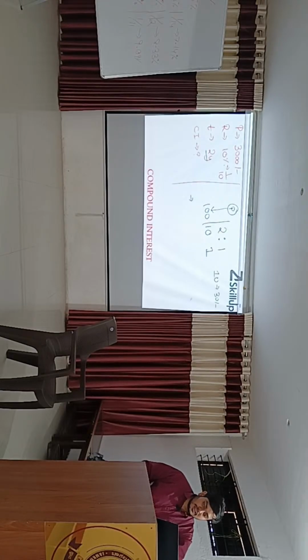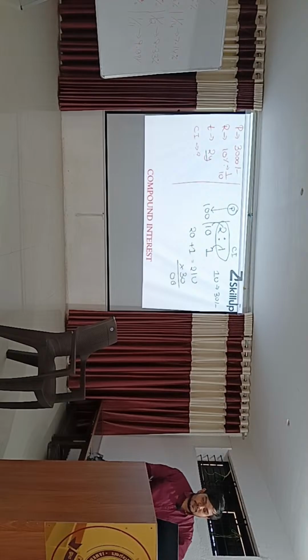Now compound interest. What is compound interest? I said this 2:1 ratio is compound interest. Multiply this 2 by 10, that is 20, plus 1, 21. 21 units. 1 unit is 30. 21 units, how much? 21 into 30.